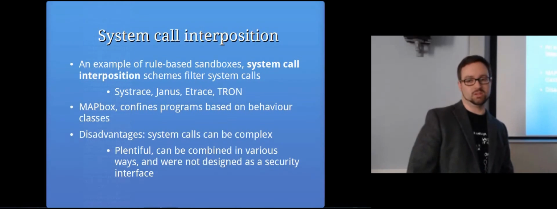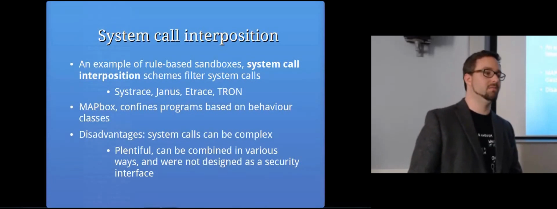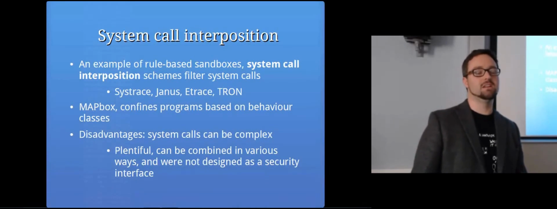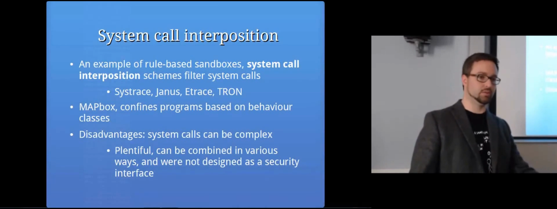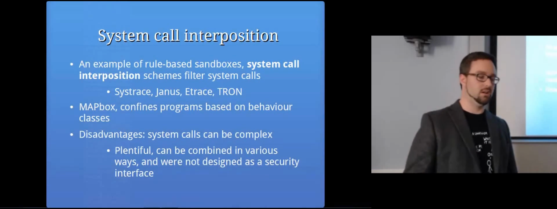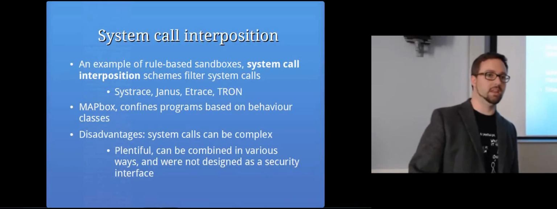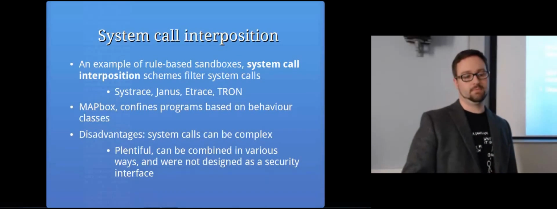And the example that we talked about last week is system call interposition, where we have basically a filter on the system calls that the application's allowed to make. So if the application says to the operating system, hey, I want to open this file, we can filter out the system calls and say, open the file? No, we're not going to let that through to the kernel, for example, and we'll just filter that out. So it's defining rules based on system calls.